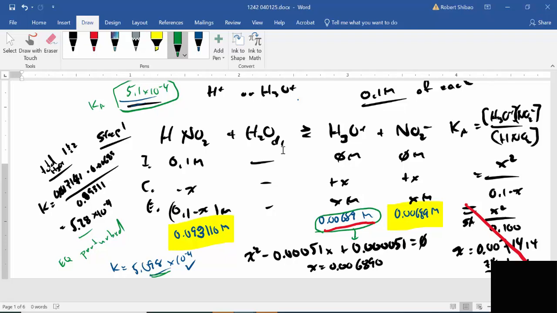So the point I'm getting at is this. We have two choices. Choice one is what we should do. That's going to upset this. If I increase the hydronium concentration, then Le Chatelier's principle says we have to shift this to the left. If we shift it to the left, we have to recalculate the new equilibrium concentrations.